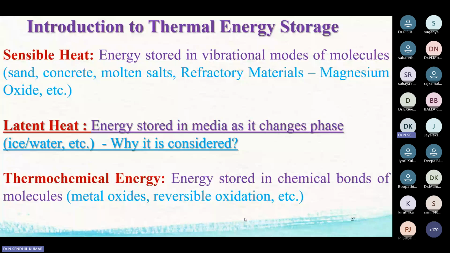For example, ice and water: when it is water, how much heat can be stored, and when it is ice, how much heat is stored? When ice becomes water, heat will be absorbed, and the reverse releases it. So this is the latent heat, phase change: during the phase change, how much heat is absorbed. Apart from that, thermochemical storage is also there, a different type of energy storage, like metal oxide, but that is not our application. So sensible heat, latent heat, and thermochemical storage are there.